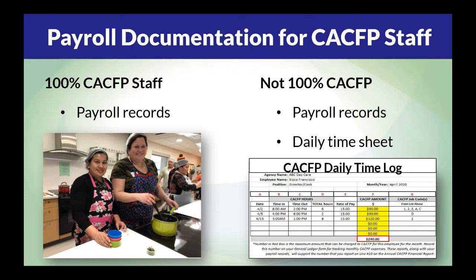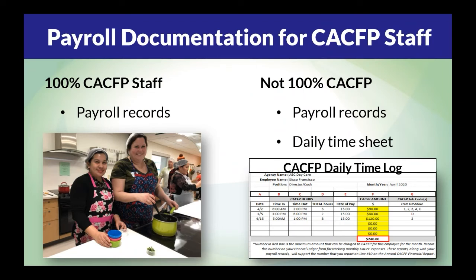In addition to retaining documentation that supports the CACFP food and kitchen supplies, documentation must be on file for staff paid with CACFP funds. For employees who only perform CACFP tasks, such as your cooks or food service employees, payroll records showing how much the employee was paid must be on file.